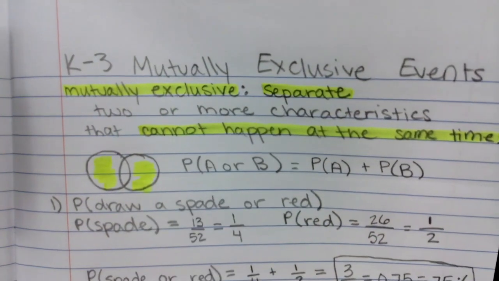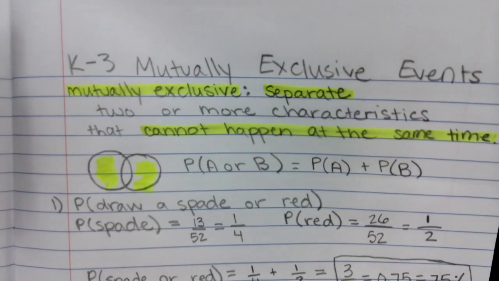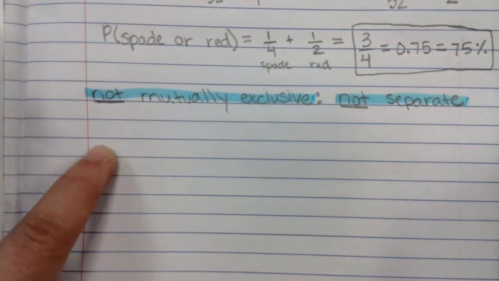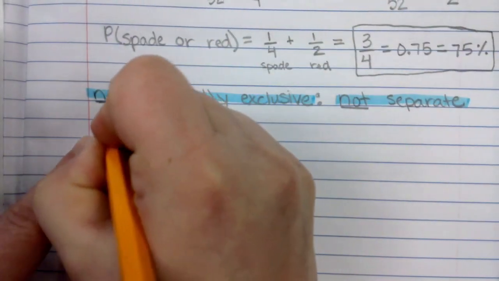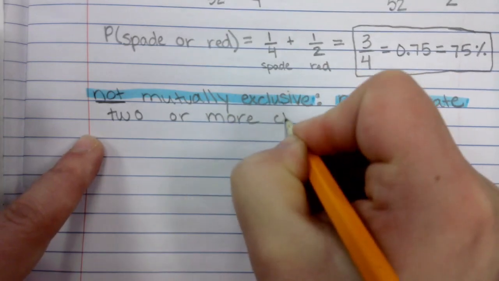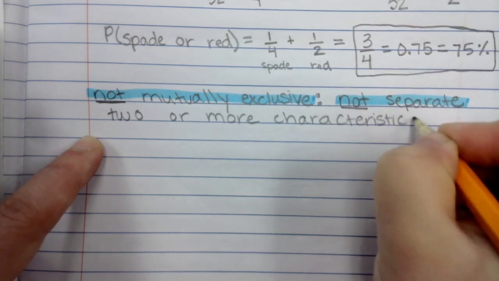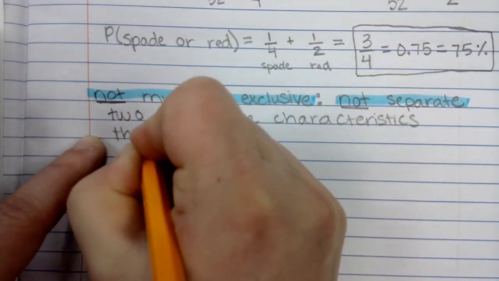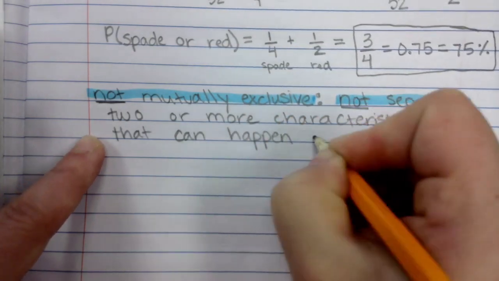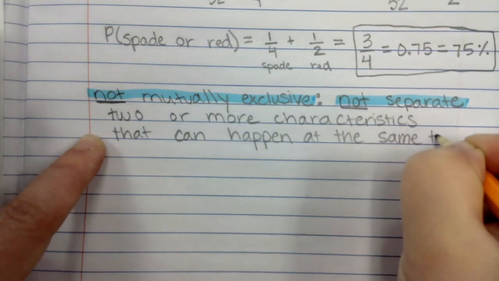So 2 or more characteristics that can happen at the same time. Okay, and the big part there is that idea that it can happen at the same time.